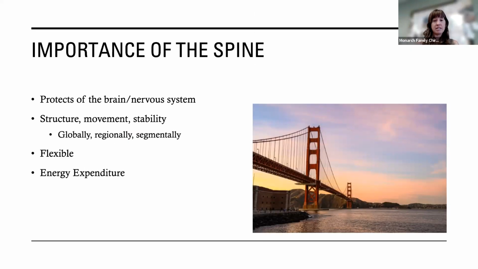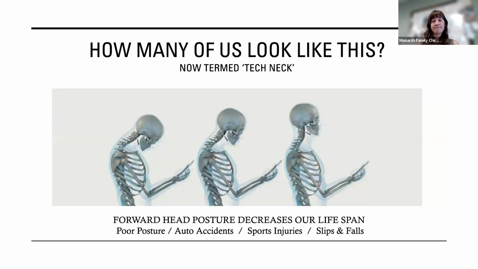Because when we see this type of posture, which is prevalent in our society, nobody is immune to this. We see that in every age, especially when we're introducing technology at a very young age, we're seeing this in our young people like never before. You see that middle guy, that roundedness in that back.